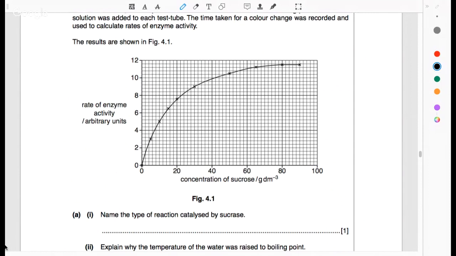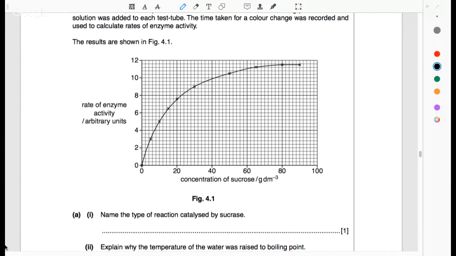So, as the concentration increases, the rate at which the collisions occur increases, and more enzyme substrate complexes are formed at a higher rate, thus producing more products. Good.